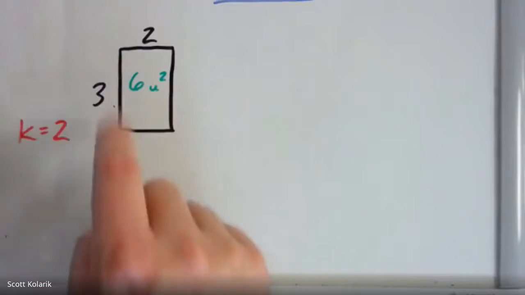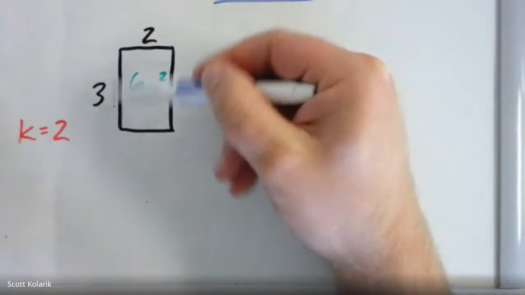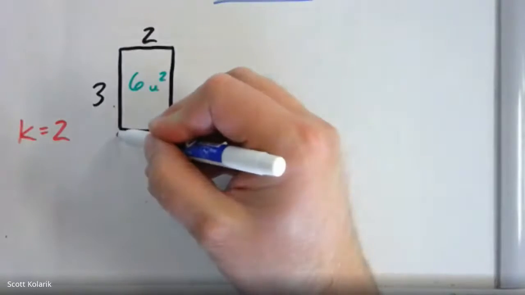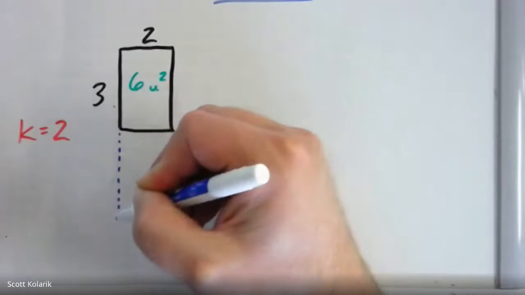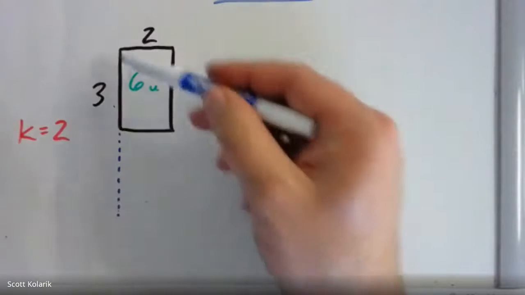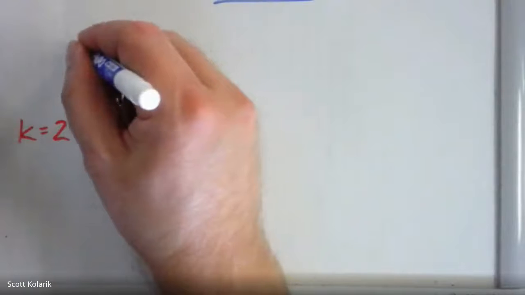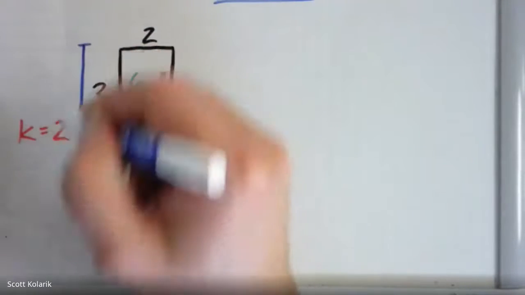Now, the one-dimensional change is going to be pretty straightforward because if I double this 3-unit length here, it's going to become 6 units long. Okay, so there's another 3 units here. So my new length here will be 6 units. Let me just do that real quick.